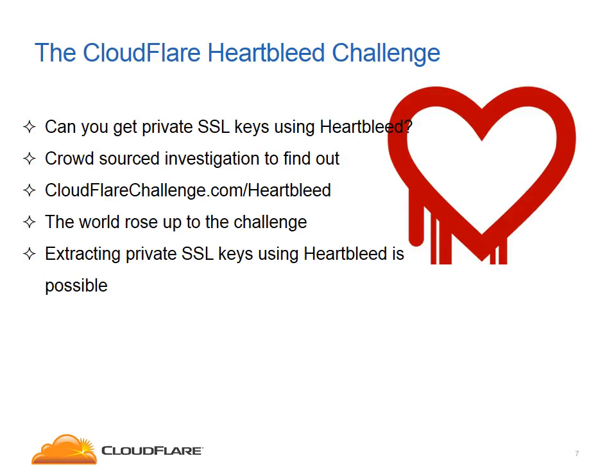Okay, but what we weren't sure of when Cloudflare first discovered this, and when the internet first discovered this, was whether this attack was strong enough that you could actually steal SSL keys. So what we created was something called the CloudFlare Heartbleed Challenge, and this was a challenge site. It was an independent site that we set up to be intentionally vulnerable to this bug, and we challenged the internet, everyone at large, to find the private keys of this site.